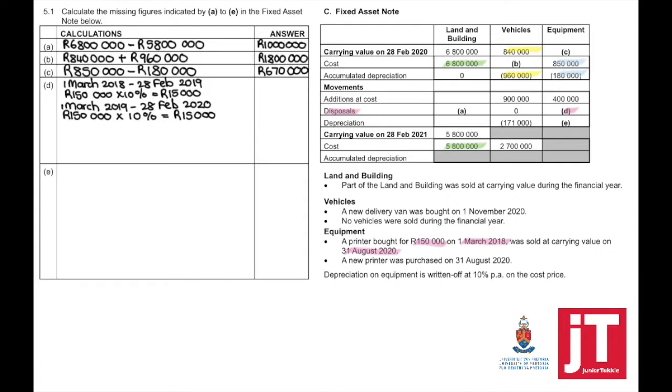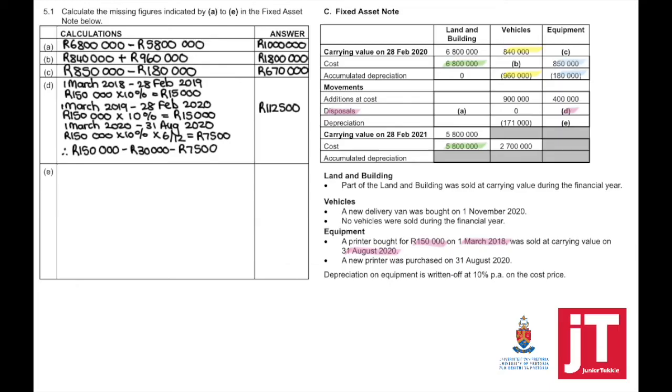To calculate the depreciation for this financial year, from the beginning of the accounting period until the day that we sold it, we need to calculate it for 6 months. So my total accumulated depreciation is 15,000 plus 15,000 plus the 7,500.